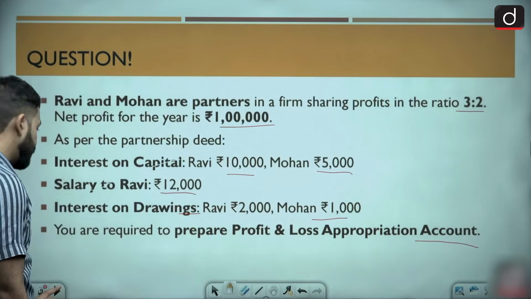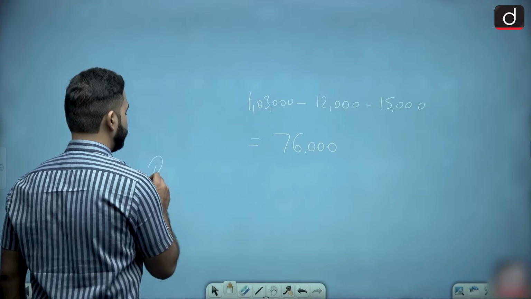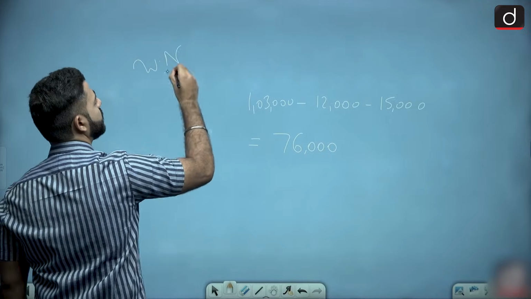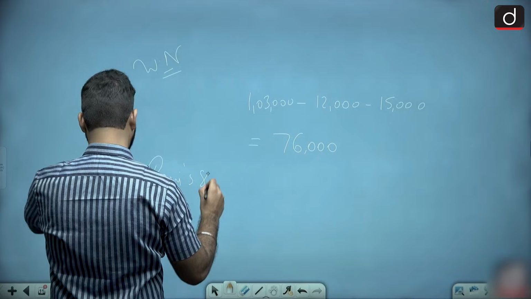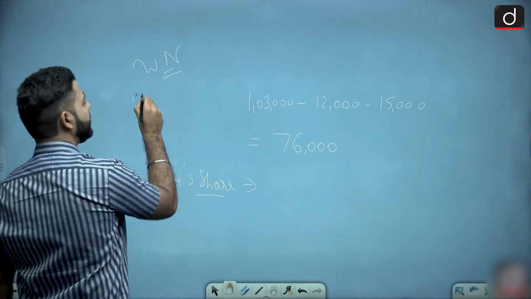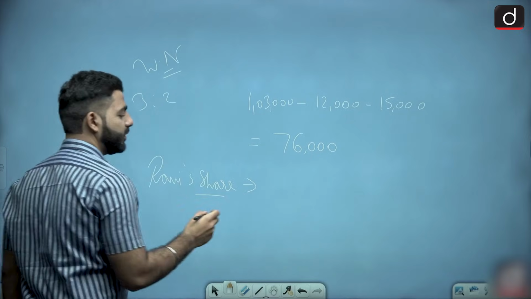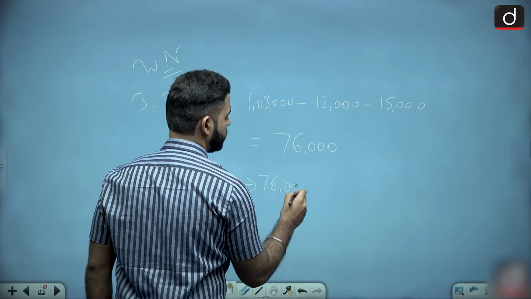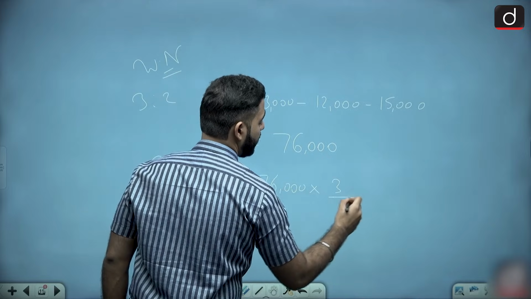So how will we distribute? First let us calculate for Ravi. So Ravi's share, this is the working note. We know that 3:2 is the ratio between Ravi and Mohan. If we talk about Ravi, that means 76,000 into 3/5.